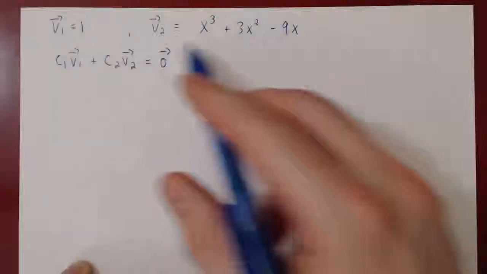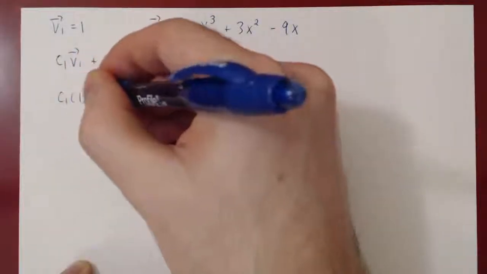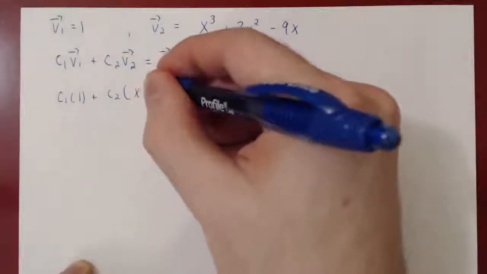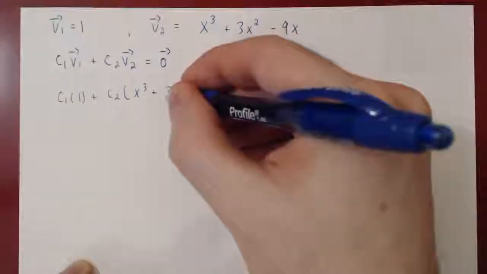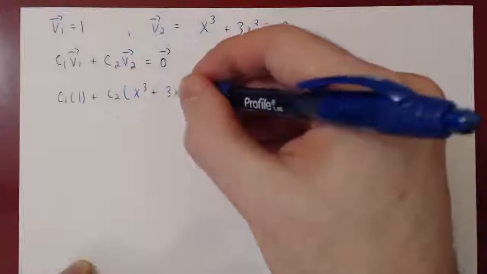Well, let's compute this. So we'll have c1 times 1 plus c2 times v2, which is x cubed plus 3x squared minus 9x.